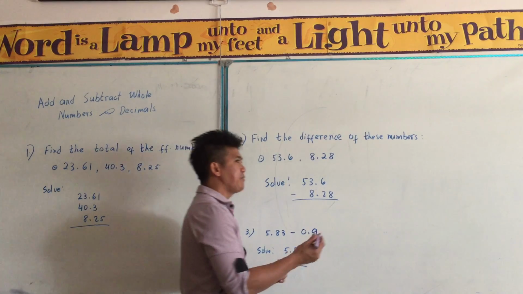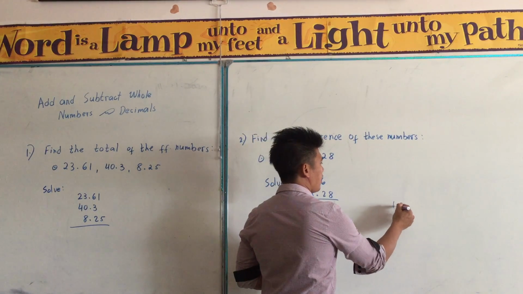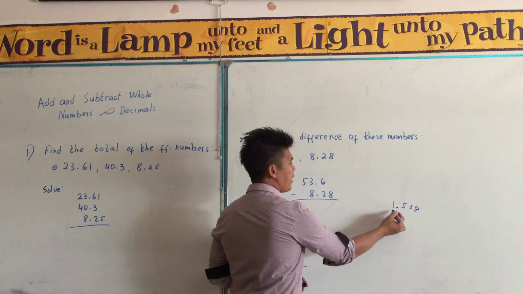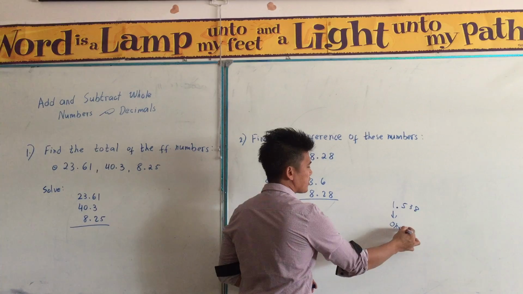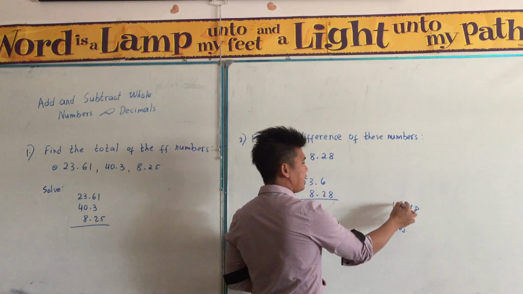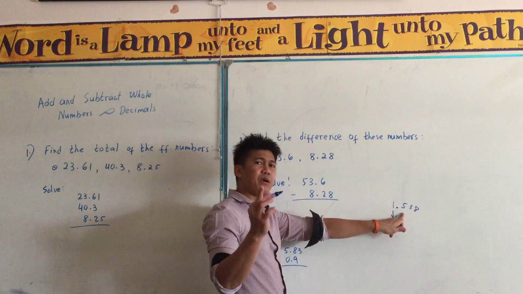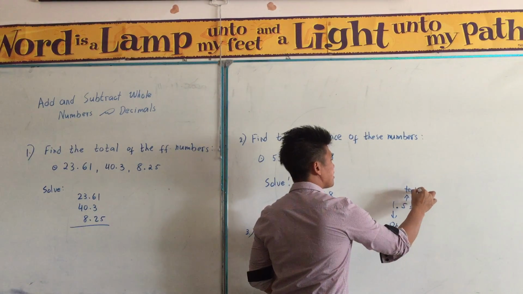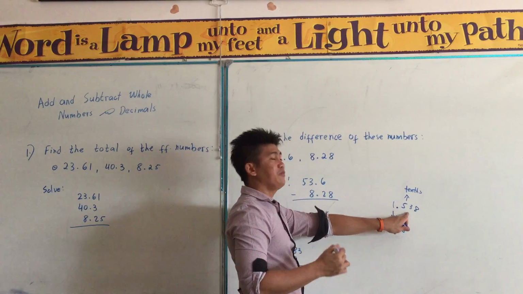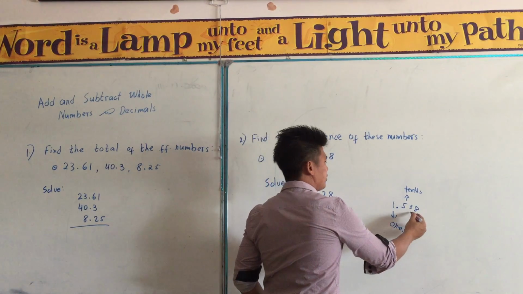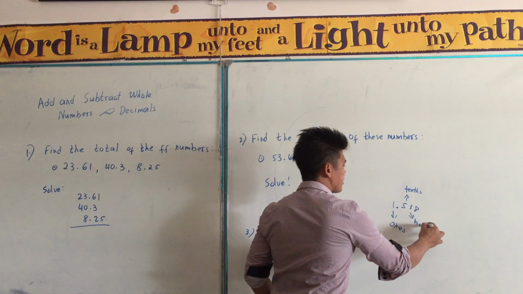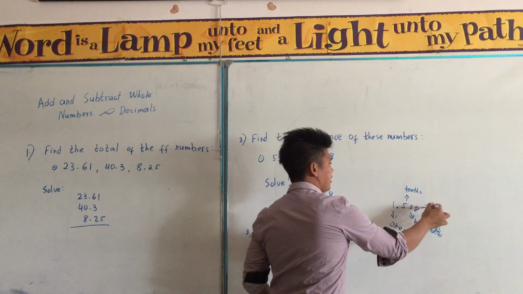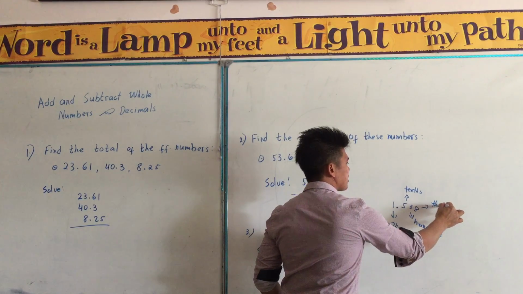When you read decimal numbers, like for example 1.538, so this one is called the ones. Okay, and the number after the decimal is called the tenths. Okay, and the number next is called the hundredths, and the next number thousandths.